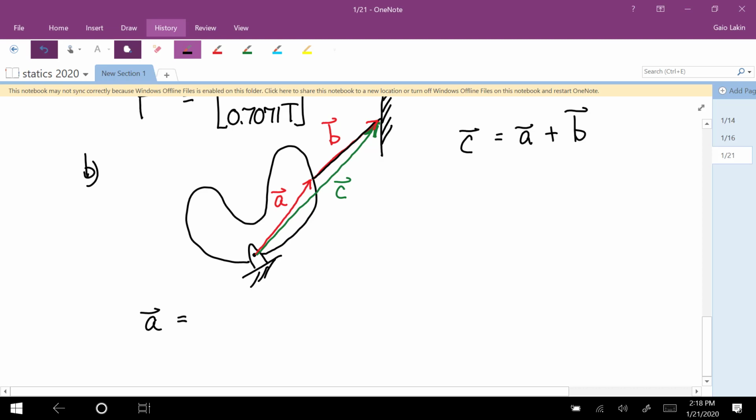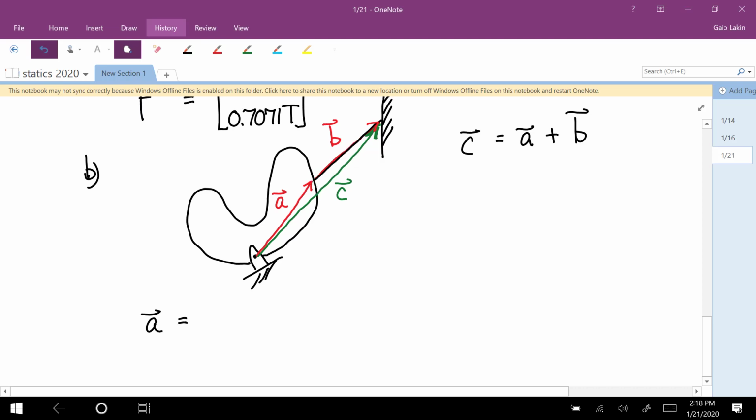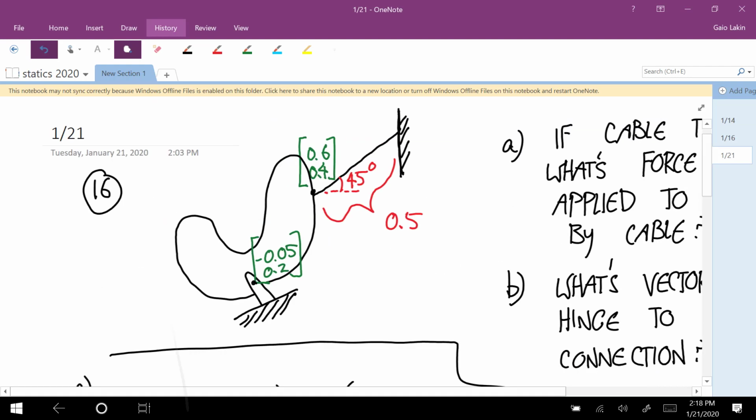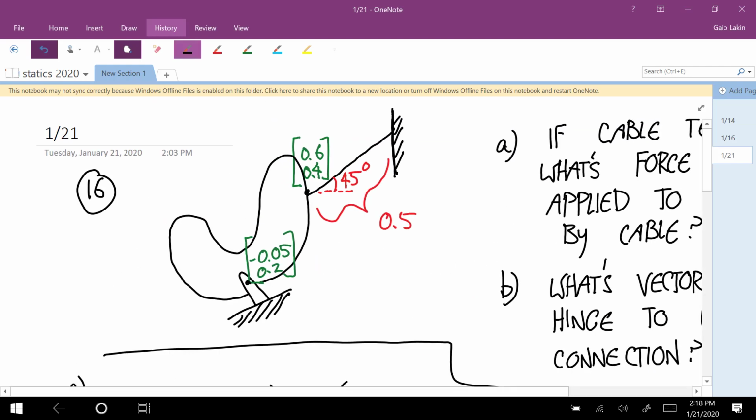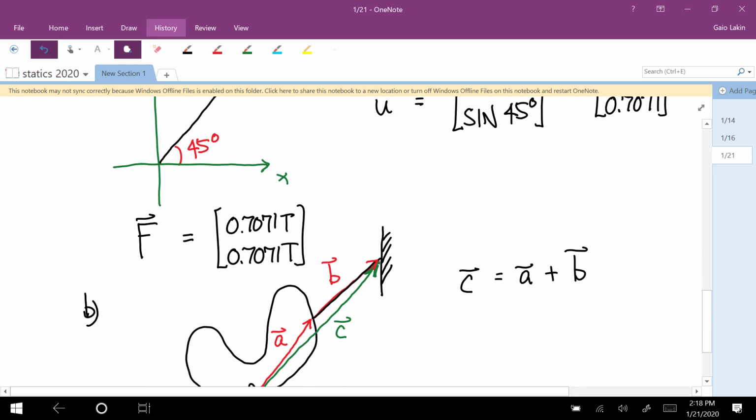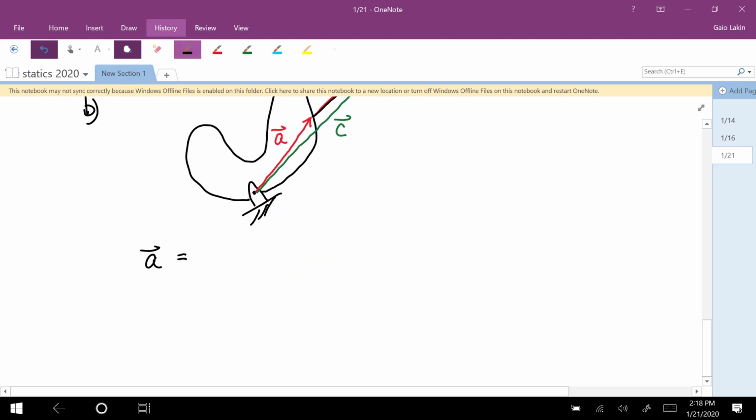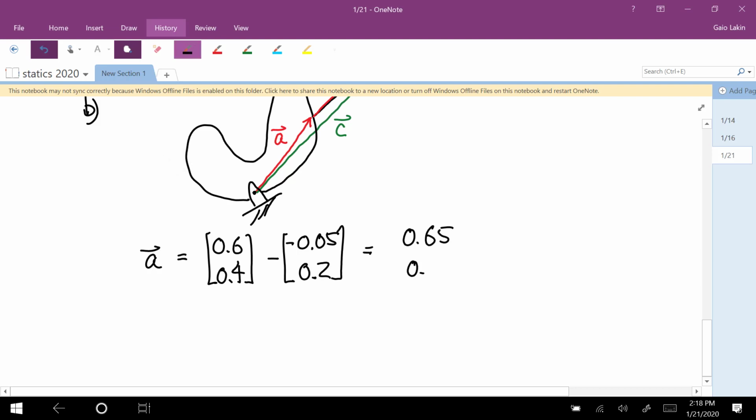A is equal to the coordinates of this point, 0.6, 0.4, minus negative 0.05, 0.2. So that vector A is 0.65, 0.2.